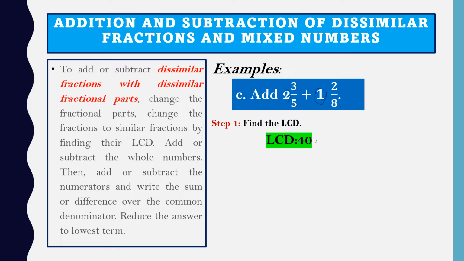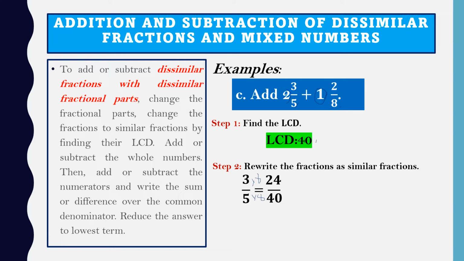The least common multiple of the two is 40, so that is their LCD. And then we rewrite our fractions 3/5 and 2/8 as fractions bearing the denominator 40. The pair of 5 here is 8, so we also multiply 8 to the numerator to get 24.